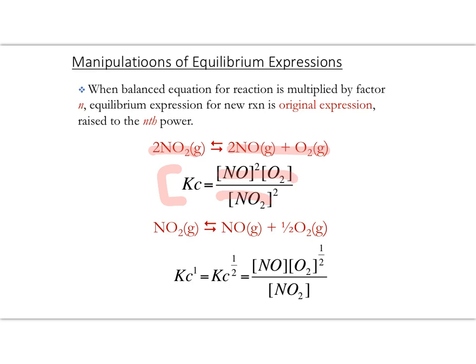And now what we've done here is we've just taken these coefficients and we've divided them all by 2. So the factor that we've multiplied them by is 1/2. So our new Kc value is going to be raised to the 1/2 power. Or in other words, you're just taking the square root of it.